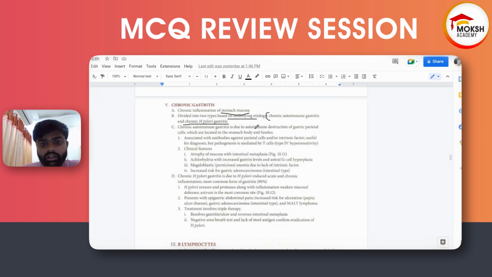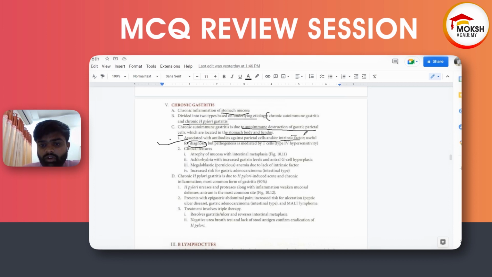Chronic autoimmune gastritis is due to autoimmune destruction of gastric parietal cells, located in the stomach body and fundus. Usually it's associated with antibodies to parietal cells and intrinsic factor, and this is useful in diagnosis.